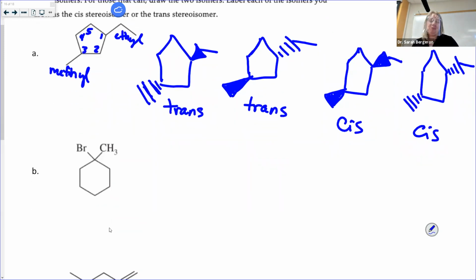Okay, look at B. What do you notice about B? In B, I have two things coming off of the ring. Let's see if I can make this real quick.